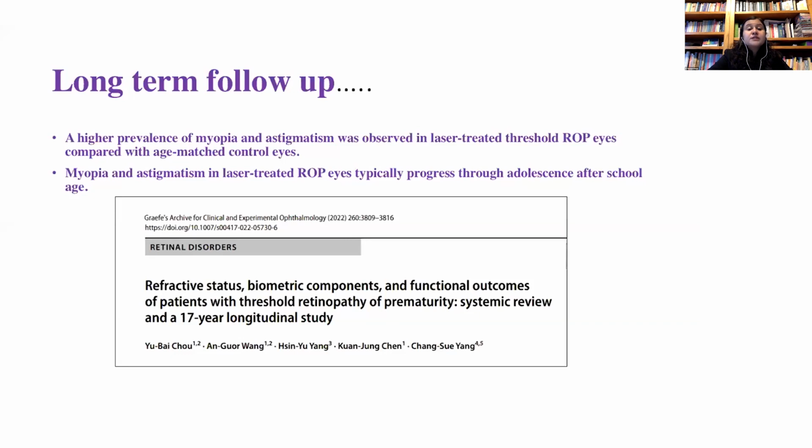They made the important point that myopia and astigmatism in laser-treated ROP eyes typically progress through adolescence after school age. So this paper again tells us that it is not only the school age that requires follow-up for these ROP patients, but even at adolescence these patients require follow-up.